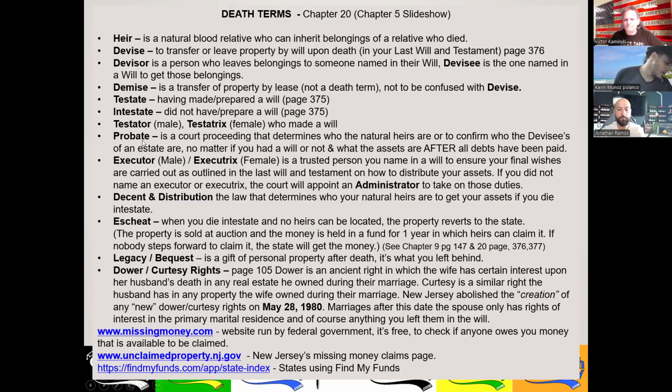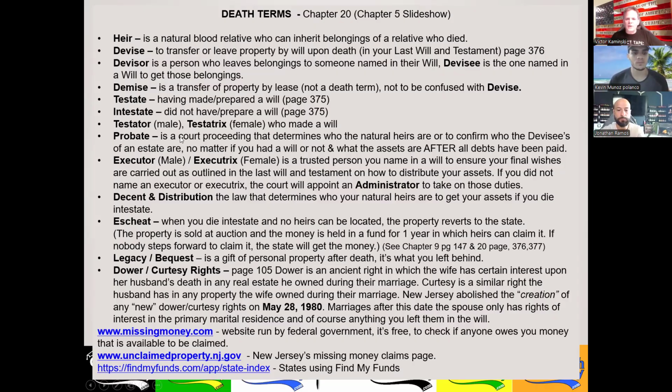Now, probate is a court proceeding that determines who the natural heirs are or to confirm who the devisees are that are named in the will. No matter if you had a will or not, your property needs to go through probate when somebody dies before anybody can lay claim to or get any assets of the person who died.